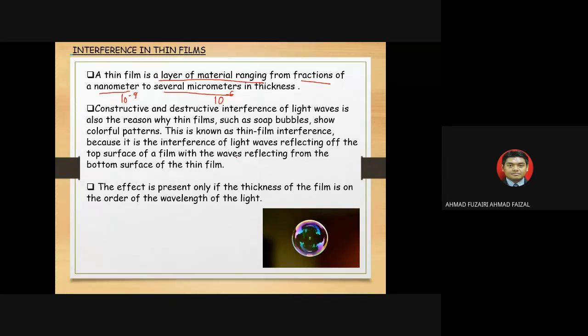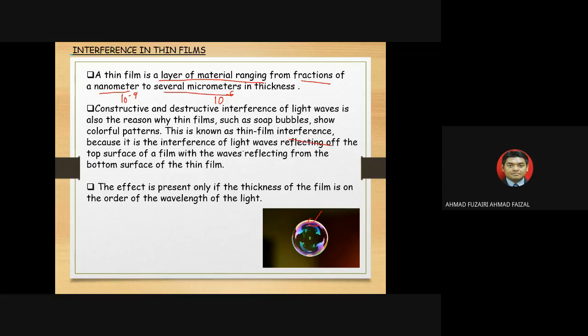The constructive and destructive interference of light waves is also the reason why thin films such as a soap bubble show colorful patterns. You can see here at the soap bubble, you can see a lot of color, like a rainbow. This is known as thin film interference.